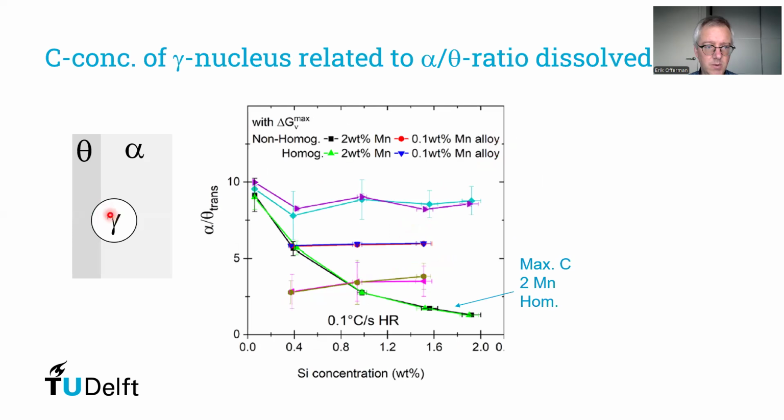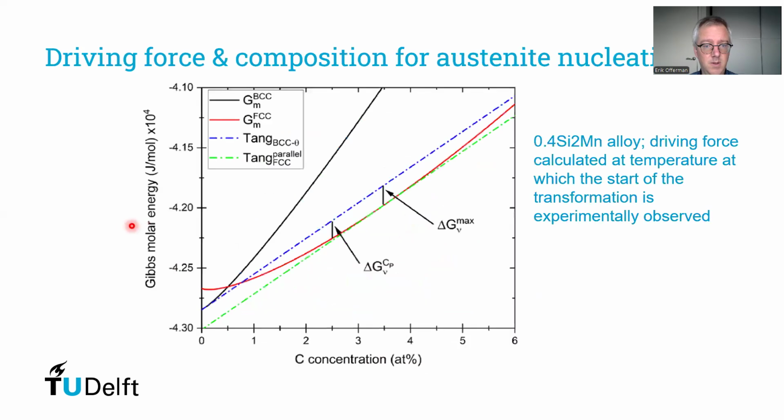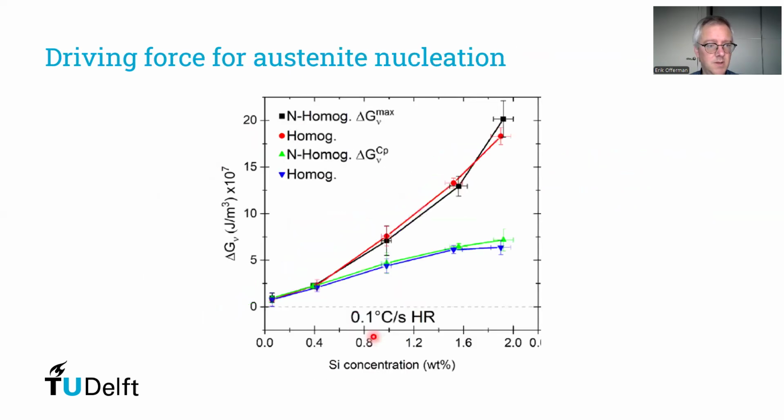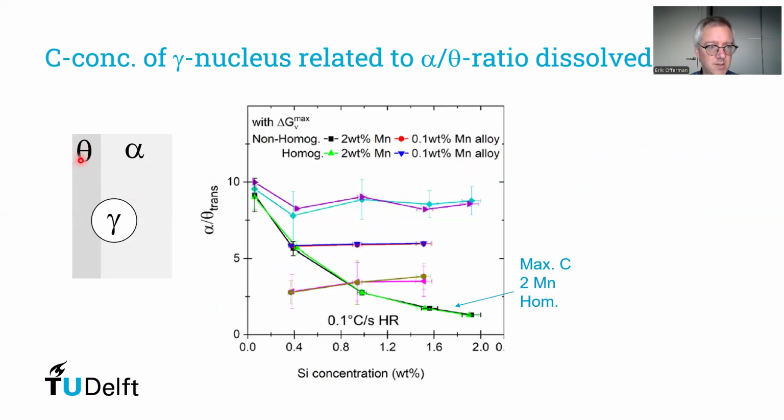And because we know how much carbon there is in the austenite when we assume that the maximum driving force applies, this is the carbon concentration of the austenite nucleus. We know how much carbon is in the cementite. We know how much carbon is in the ferrite.